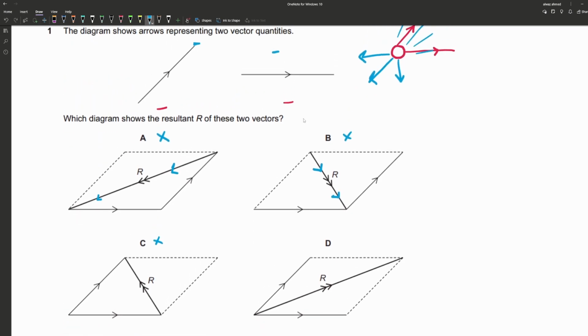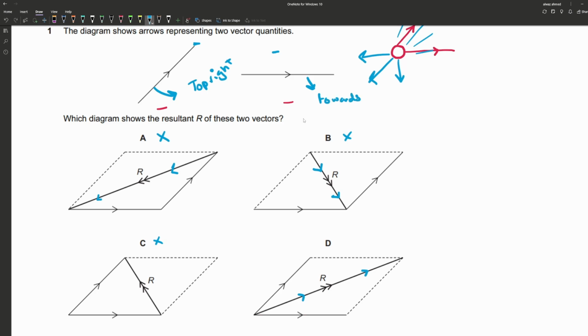Now if we look at D, we can see that the resultant vector in D is towards the right, which agrees with the vectors that they've given in the question, and it's also a little bit upwards, which also agrees with the two vectors, because if you look at this vector, it's towards top right, and this one is towards right.